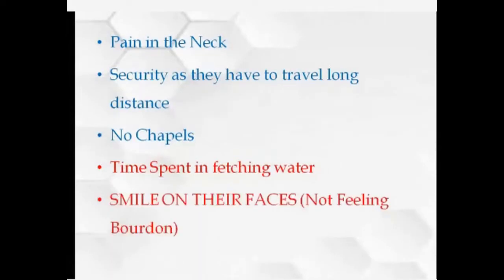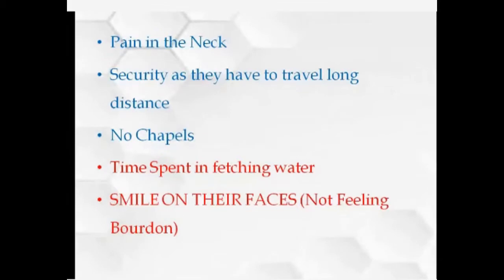Another important thing to observe is that there is always a smile on their faces, and they are not feeling that it is a burden. So an engineer like us thought about how to save the time these women spend fetching water from a remote location.